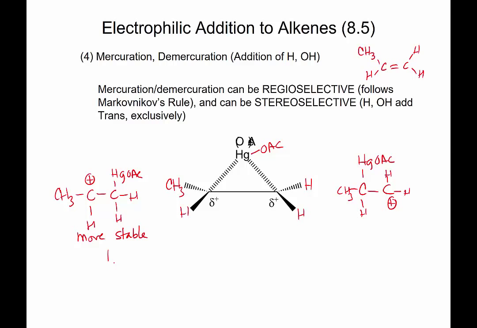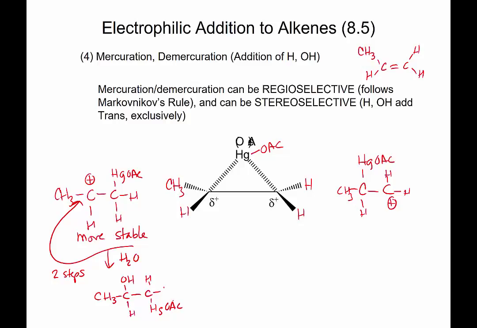And so now what happens? Now my water comes in, adds to the carbocation, and in two steps I get, and I'm just going to write the mercury down here because it had to have added trans.